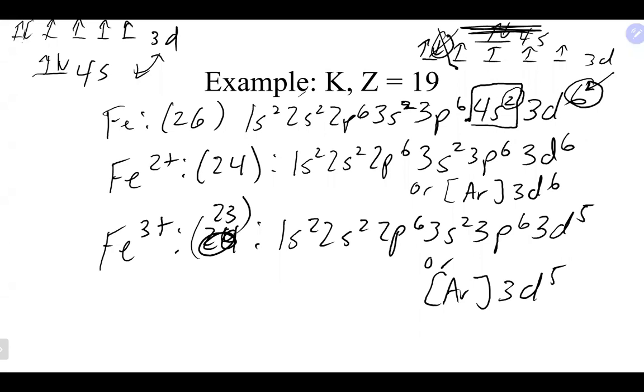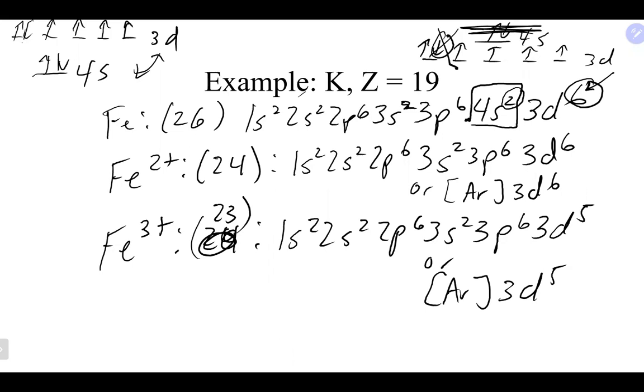So you can kind of think of it at the end, once they're all kind of filled, there's that shift that happens with the energy of those orbitals. So at that point, when it goes to lose an electron, it's actually going to lose those 4s because they end up being higher in energy once we start filling up those d orbitals. They go in first, but then they are lost first as well.